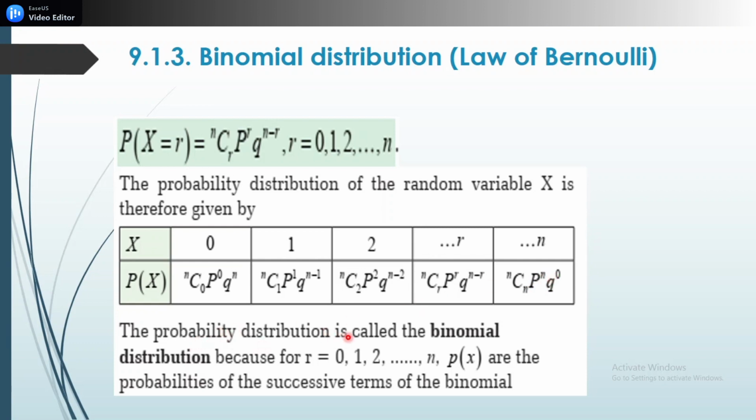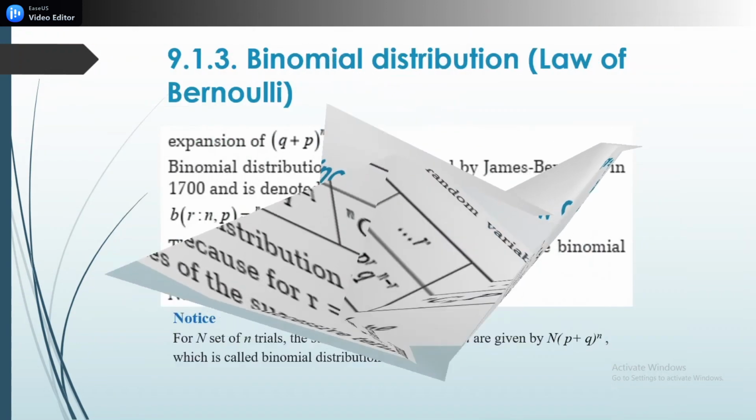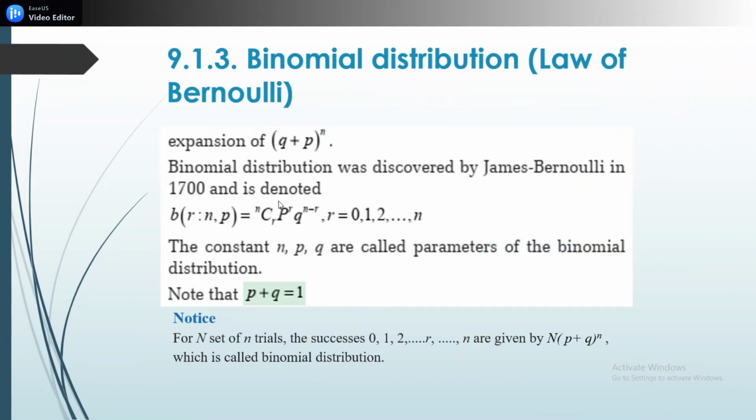The probability distribution is called the binomial distribution because for r equal to 0, 1, 2 till n, the P(x) are the probabilities of successive terms of the binomial expansion of (probability of success plus probability of failure) to the power n.